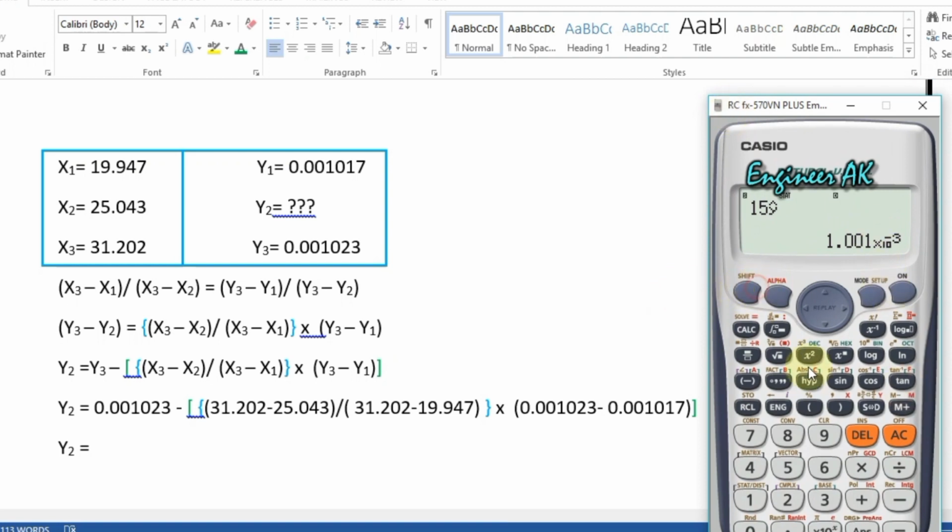Now let's plug in these values in the calculator and see what we get. So let me first clear it. Right, now let's put in the values.